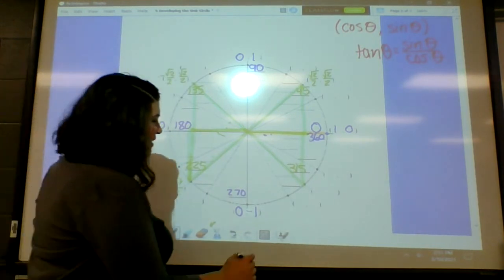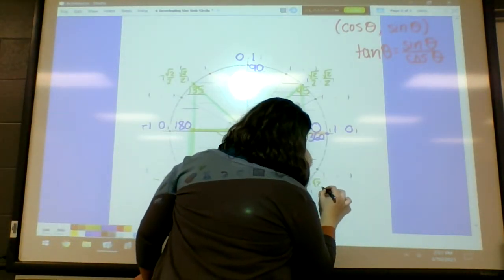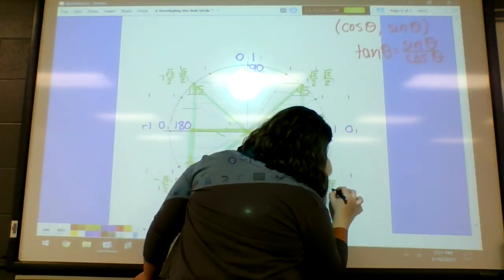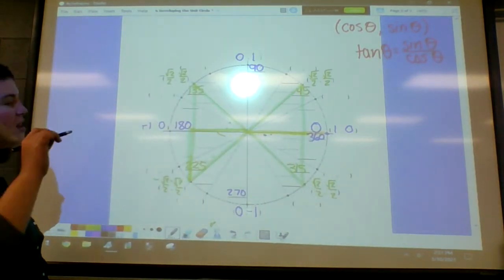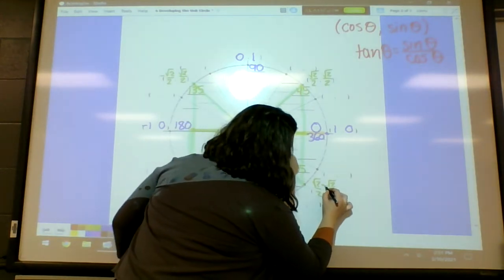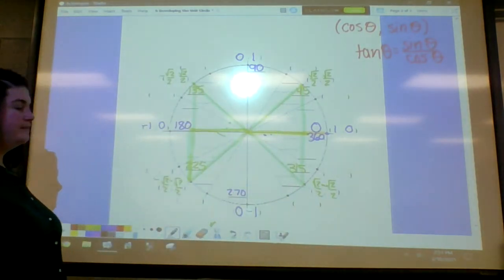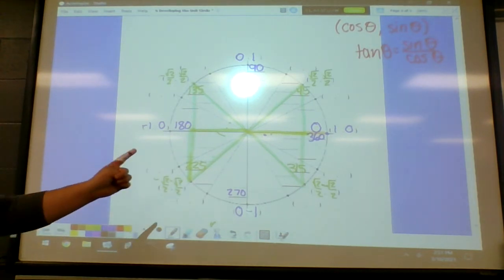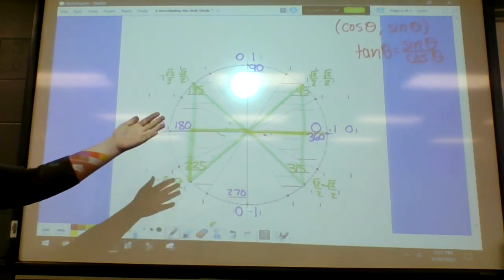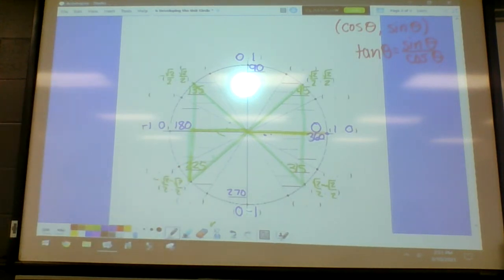Once again, the x and the y at the coordinate point are square root of 2 over 2, square root of 2 over 2. Which one's negative though? The y value is negative in this case. And once again, I could say, what's the cosine of 315? Cosine is the x-coordinate, so you give me the x-coordinate. I could ask for the tangent of 315, and tangent would be sine over cosine, so that'd be a negative 1. So we can ask for all of those values.